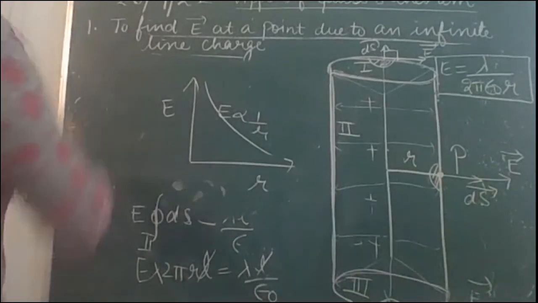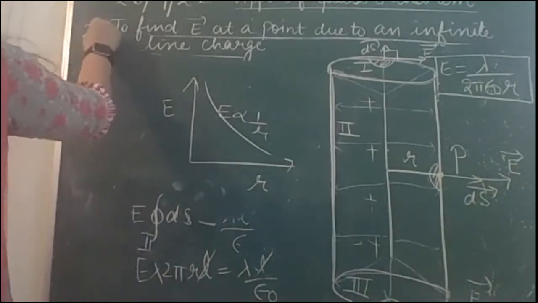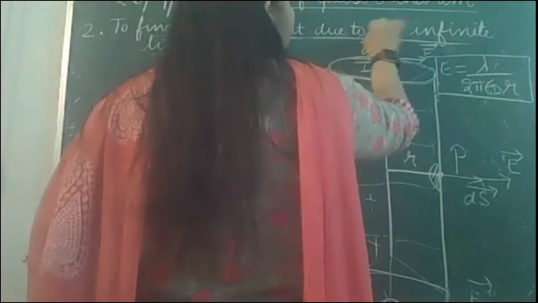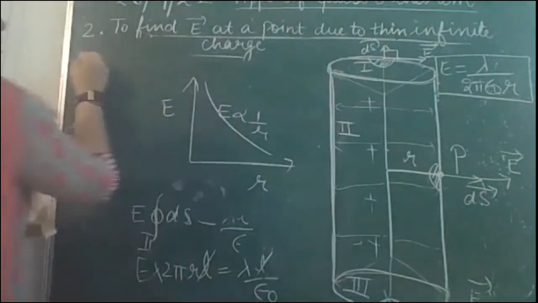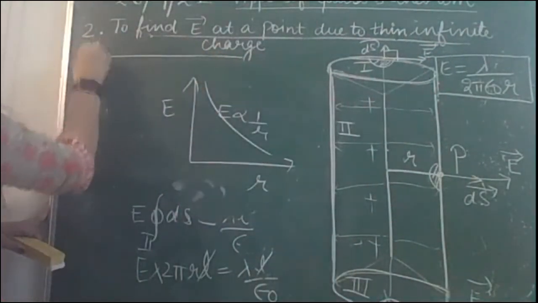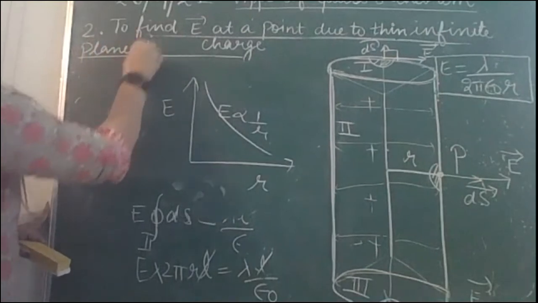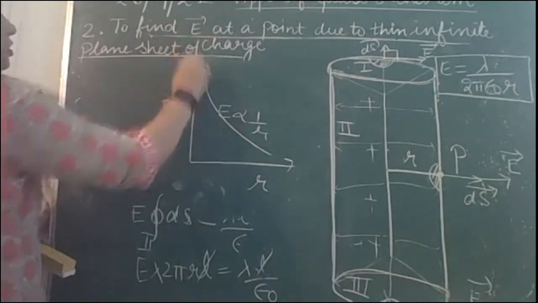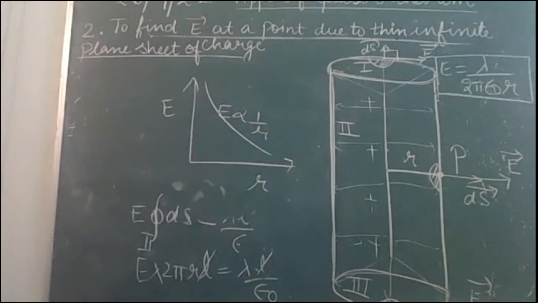Now the second application we are going to do is to find the electric field at a point due to a thin infinite plane sheet of charge. Give this heading. Yes, write down the heading.